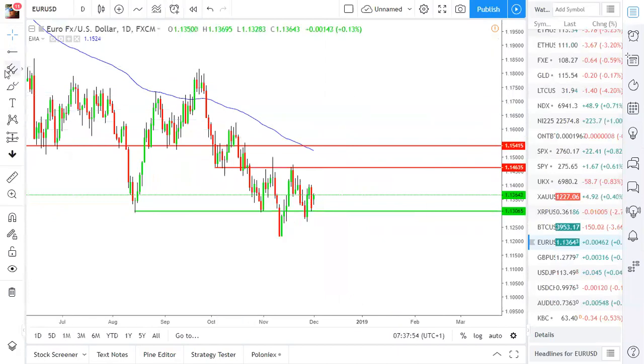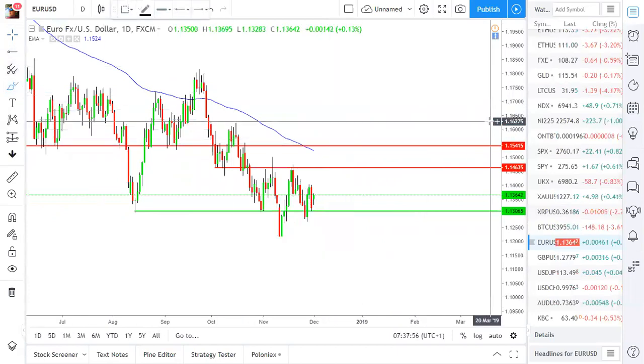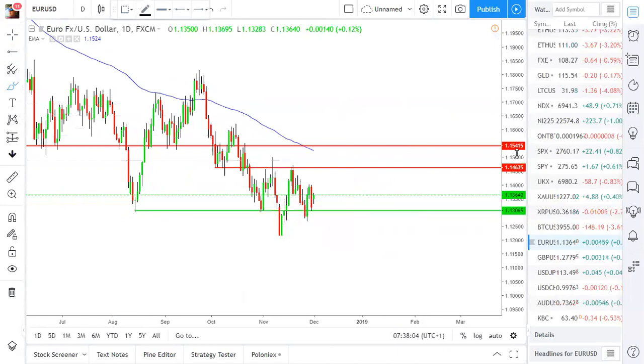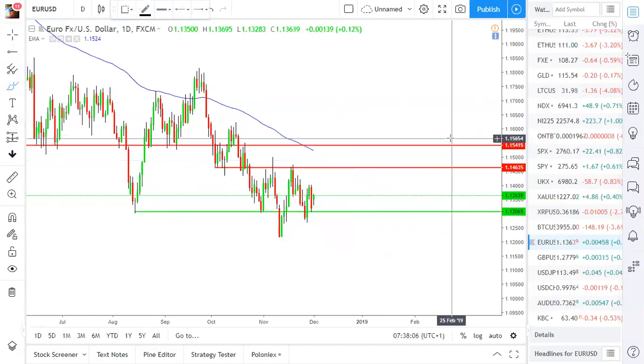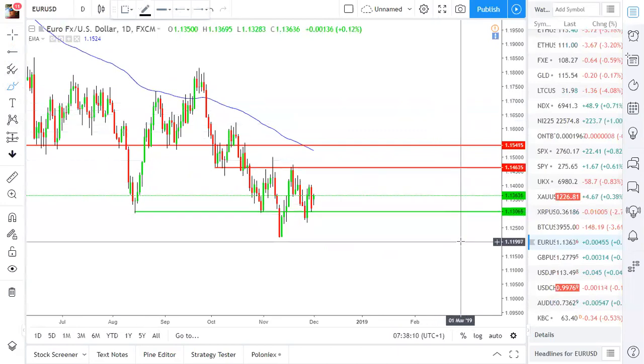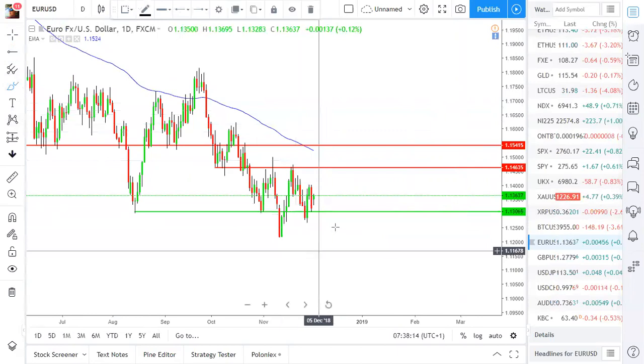So just to recap, resistance levels will be the 1.15415 levels, as well as the 1.14635 levels. We'll also be looking at the 1.13065 as support.